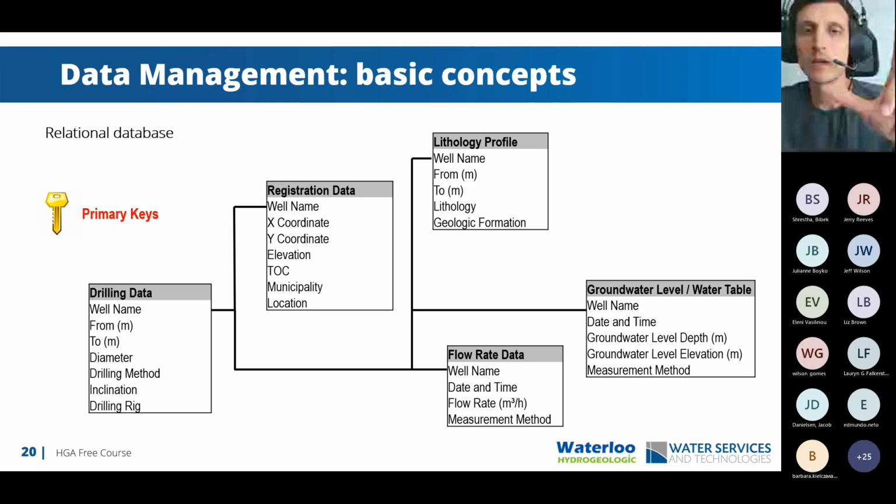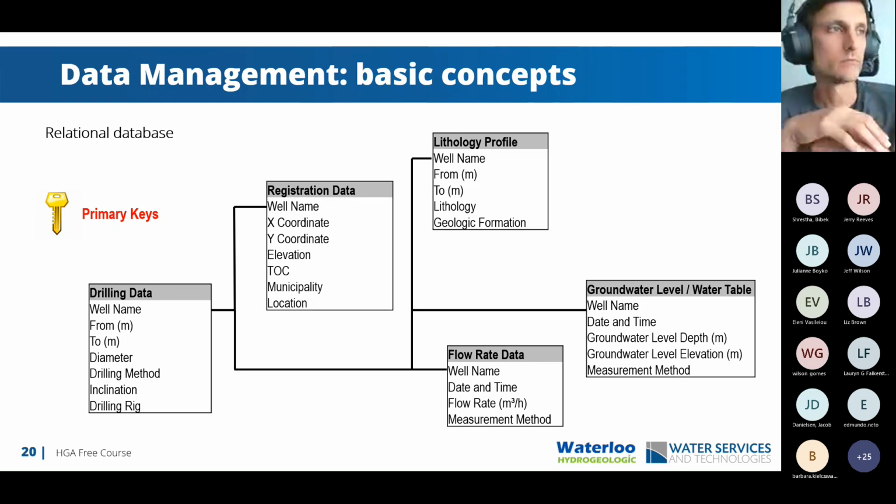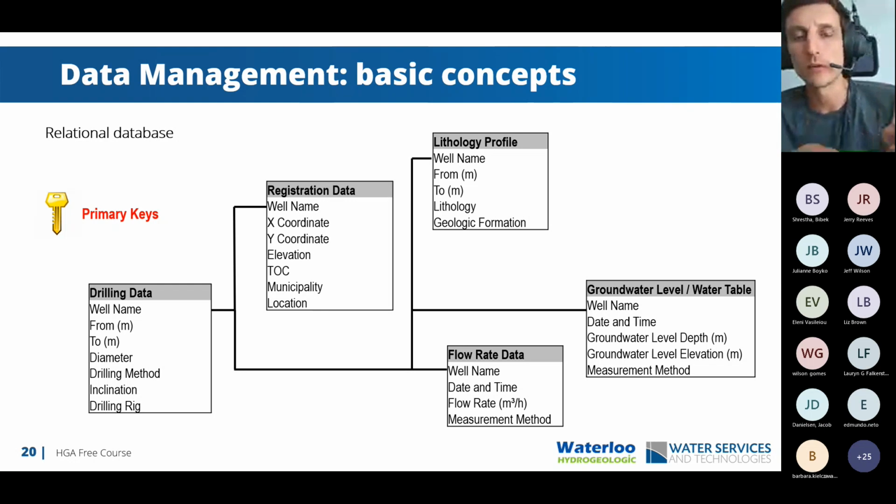Let's say you have 10 monitoring points of groundwater level, so 10 different wells, and for each well you have one measurement for every day, so 360 measurements for the whole last year. So each well name is going to have 360 lines in your table.